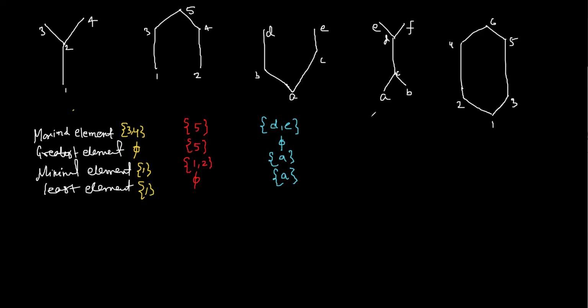What is the maximal element? The greatest will be AB, and the least will be 5, right? Because this is not unique. Very good. Now the next one: what is the maximal element? 6. Greatest will be 6.